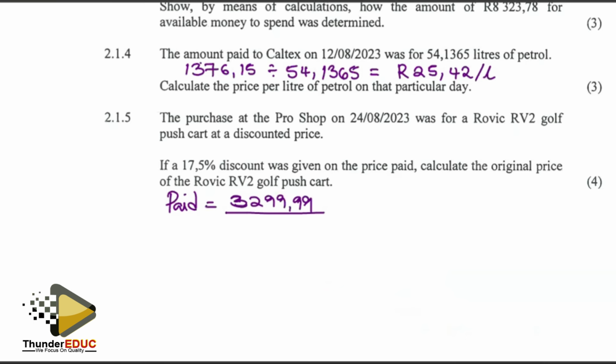So now ask yourself, how much was it originally? Remember the price before discount is at 100%. If you apply a discount, you remove that discount and you remain with 100%.